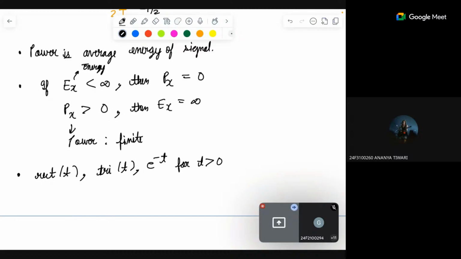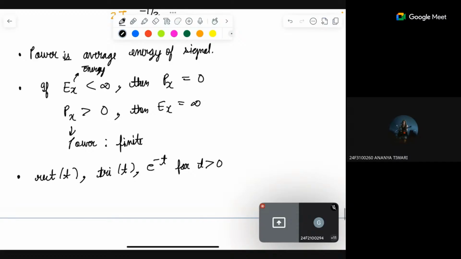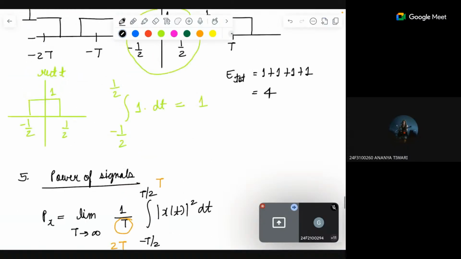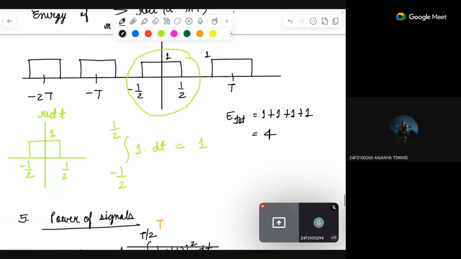Can you tell me what will be the power of these signals? Class, will someone tell me the power of the rectangular one? Yes, Ananya. It will be 1. The energy of the rectangular signal was 1, right?